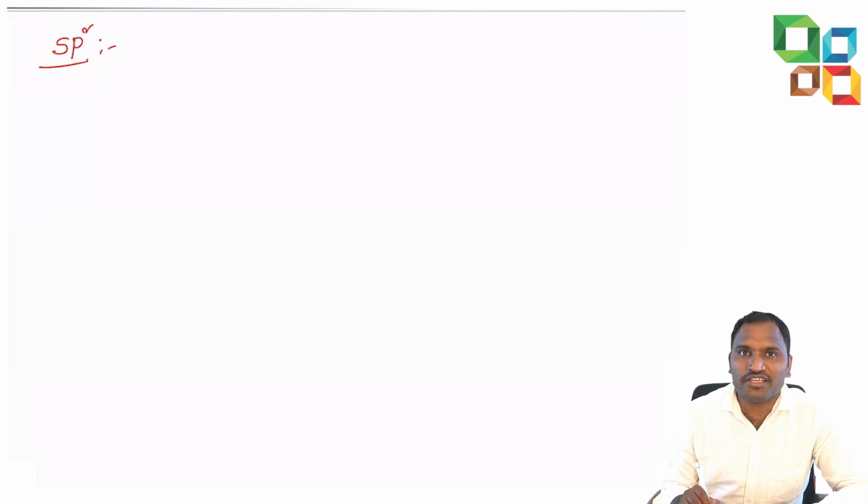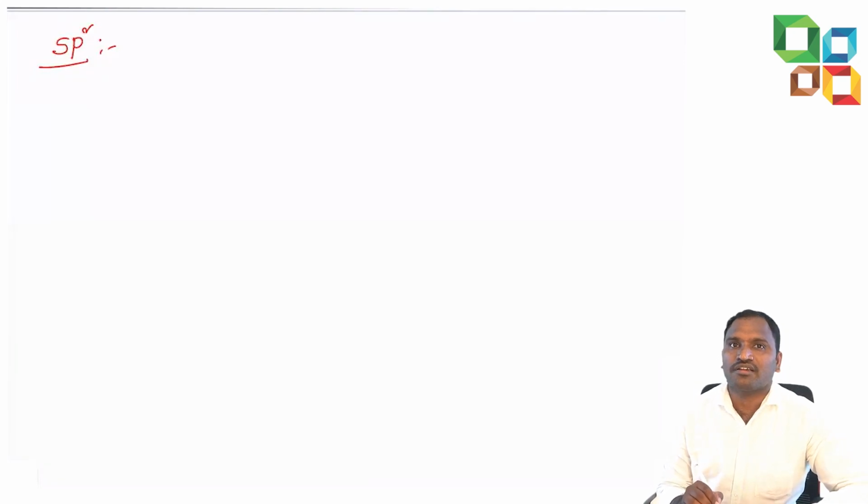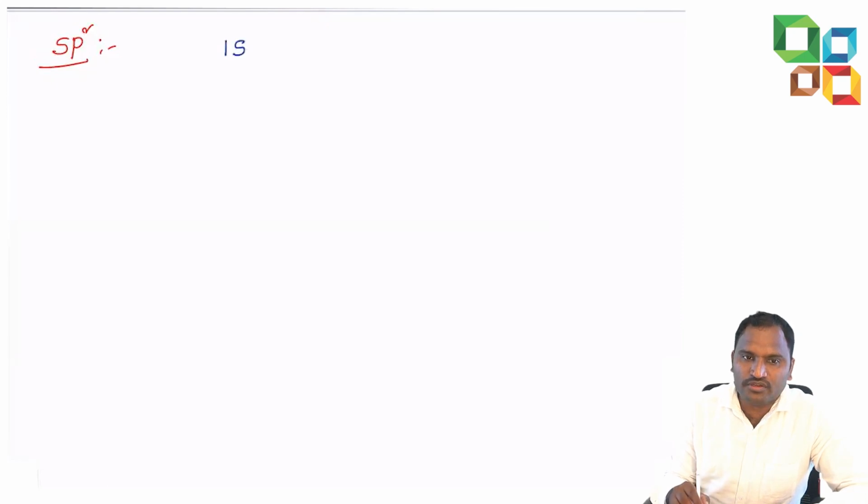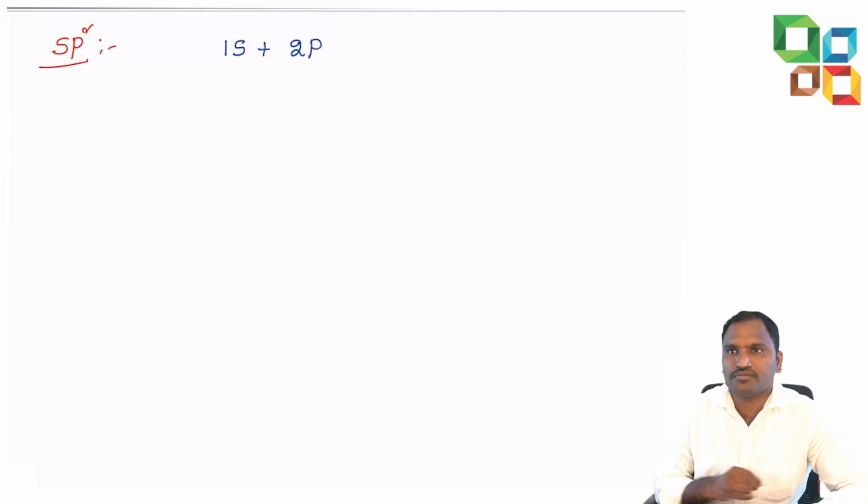In sp2 hybridization, which orbitals undergo intermixing? One s orbital, two p orbitals. sp2, right?